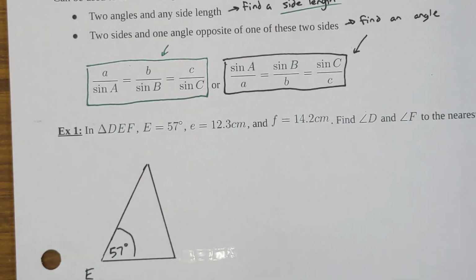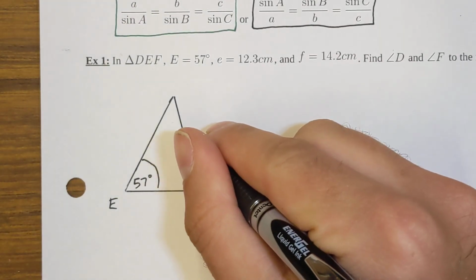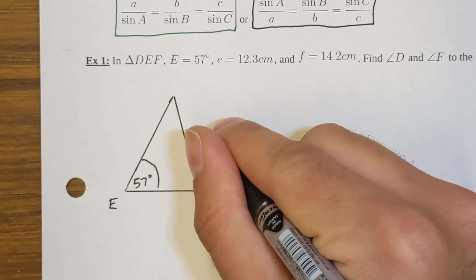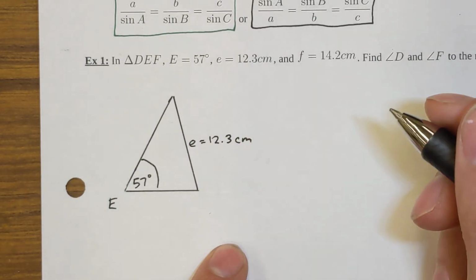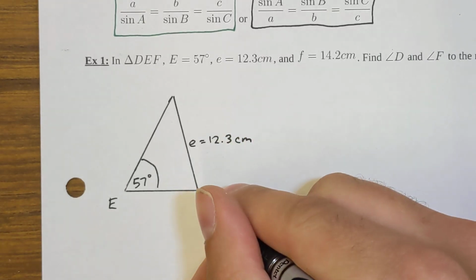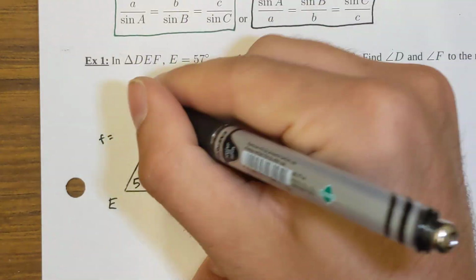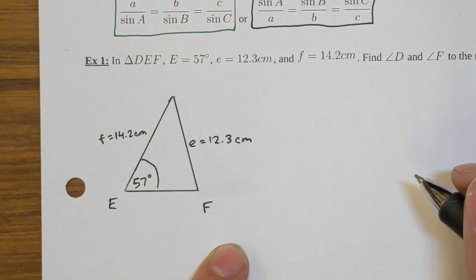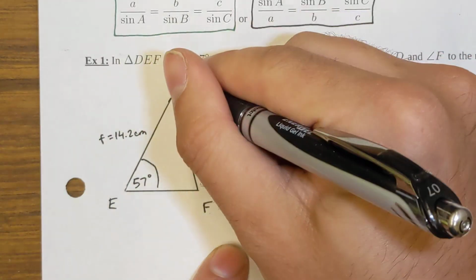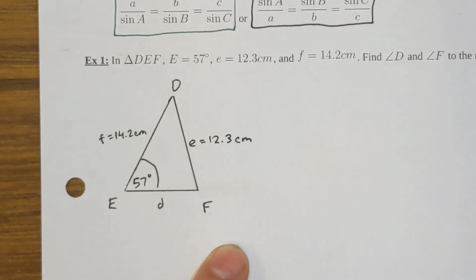So across from angle E, we're going to have side E, which is 12.3 centimeters. And across from our angle F, we'd have side F, which we're saying is 14.2 centimeters. So then we'll call this D, and lowercase d.